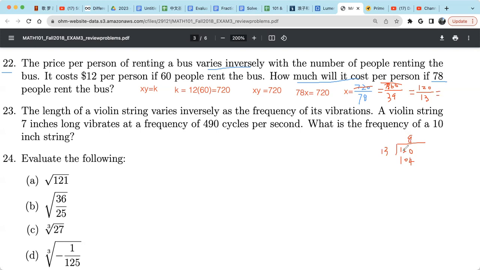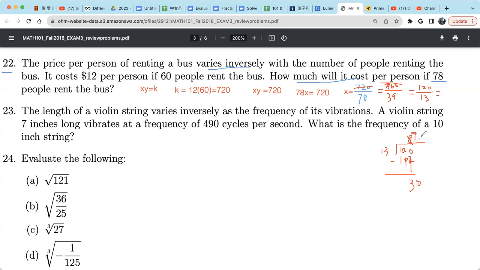That's 120, right? Oh, I have 16. Yes, I can put a 9. So let me put a 9. 3 times 9, 27. Oh, right. That's only 117. So 120 minus 117, I have 3 left.